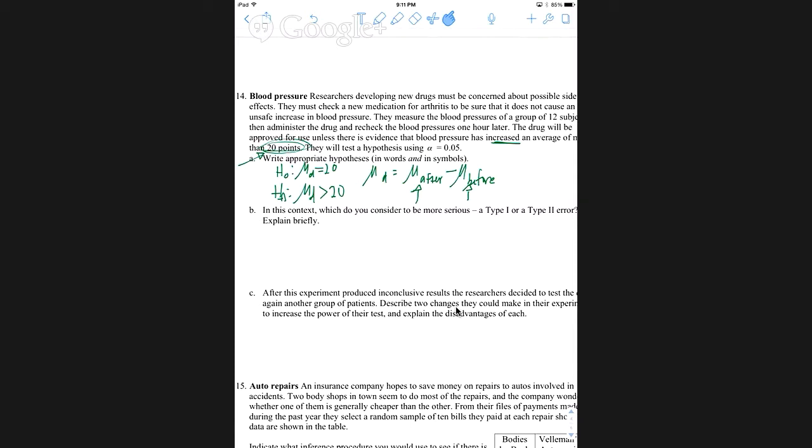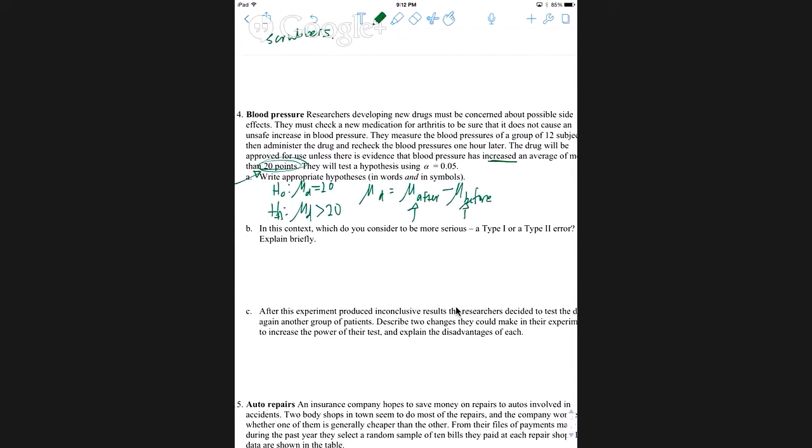If we reject a true null hypothesis, then what we're doing is we're not going to end up using the drug, even though it doesn't go above 20. Does that make sense? See, the type 1 error is if we rejected a null hypothesis that was true.